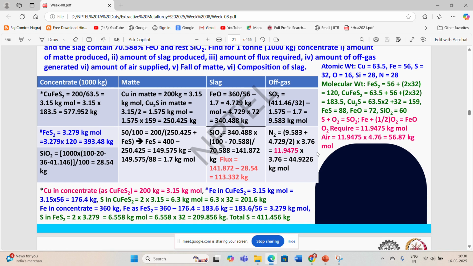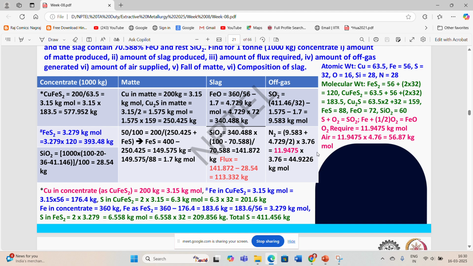So in these types of problems, we generally go with the mass balancing process. Whatever input we provide is going to be equal to the output. The input is the concentrate as an input material, then we are providing oxygen gas as an input material, and SiO2 as a flux material.